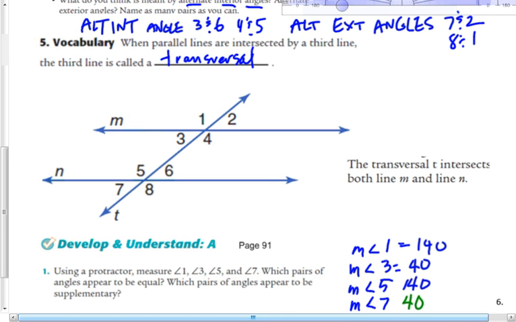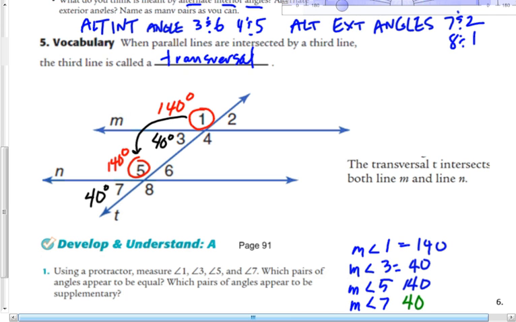It says which pairs of angles appear to be equal. And you might notice right here that the 1 and the 5 seem to be equal. Those were both 140 degrees. And then it also appears that 3 and 7 are equal, and those both are 40 degrees. So the equal ones are 1 and 5 and 3 and 7. Now, the way those are set up, there's actually a name for those.